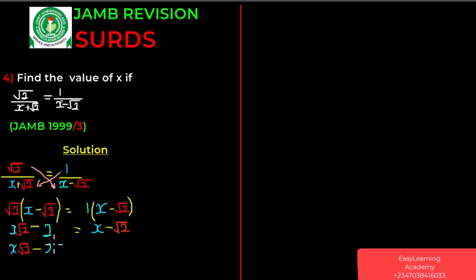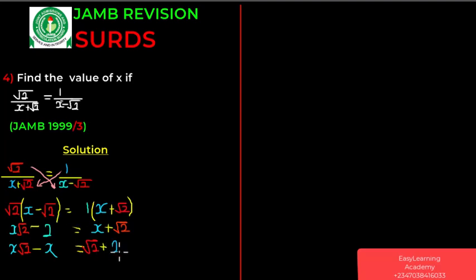Now we equate it with what we're going to have on the right hand side. This is plus here, so 1 times this is plus square root of 2, and this other 2 is going to move over, the sign will change to plus, so we now have plus 2.